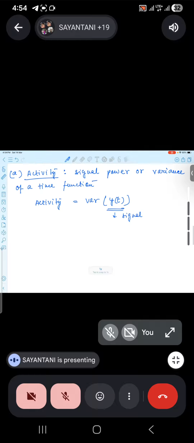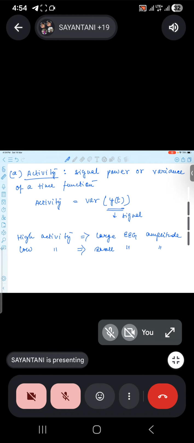So whatever value you are obtaining as activity, if the activity value is very high, it signifies a large EEG amplitude change, and if the activity value is low, that means there is a small EEG amplitude.